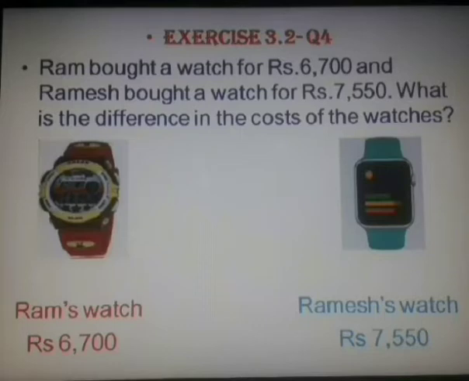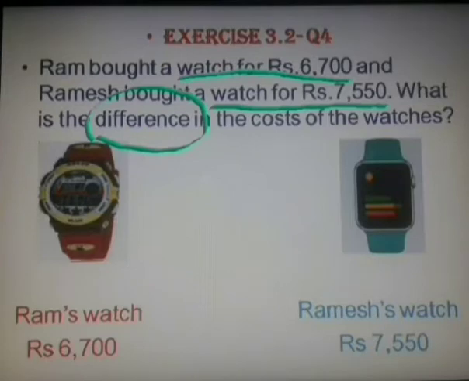So let's start. Ram bought a watch for rupees 6,700 and Ramesh bought a watch for rupees 7,550. What is the difference in the costs of the watches?